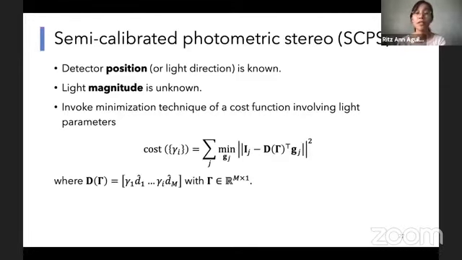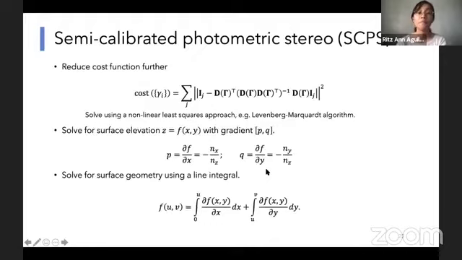detectors, but the positions of the detectors are known, we can invoke a minimization technique to extract or to optimize the lighting parameters here. We can further employ a nonlinear least squares approach called the Levenberg-Marquardt algorithm to optimize the lighting parameters.